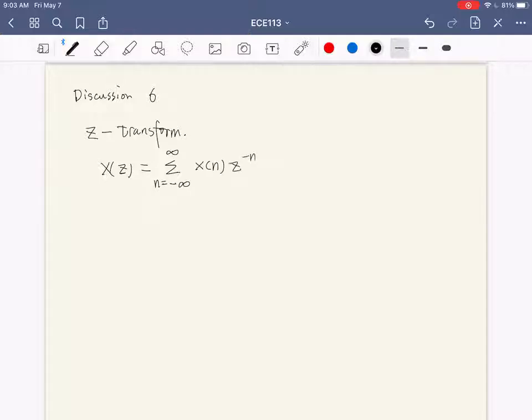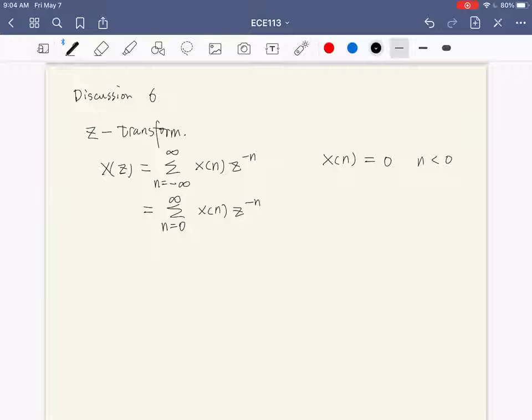It is an infinite power series. And in lectures, most of the signals we talk about are causal signals, which means that x(n) equals 0 when n is negative. Okay, it's a causal signal. So we can further simplify the equation to the sum from 0 to infinity.